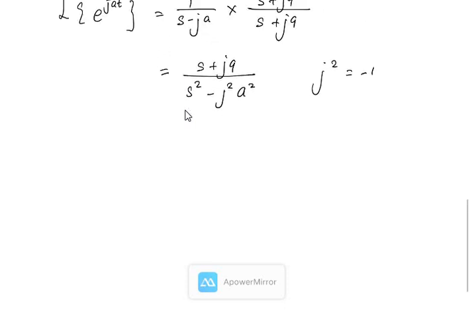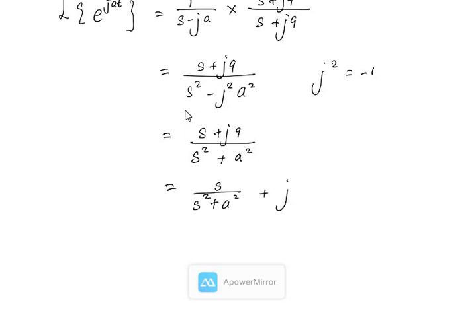Therefore, we have s plus ja divided by s squared plus a squared. So we get s over s squared plus a squared, plus j, we take out the j, times a over s squared plus a squared.